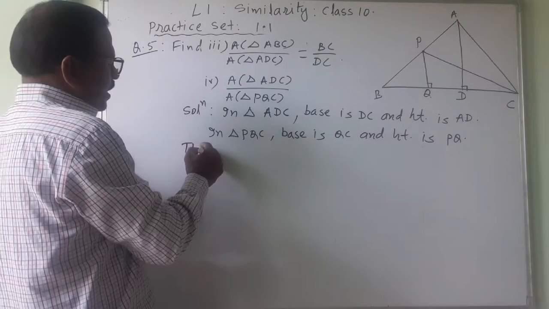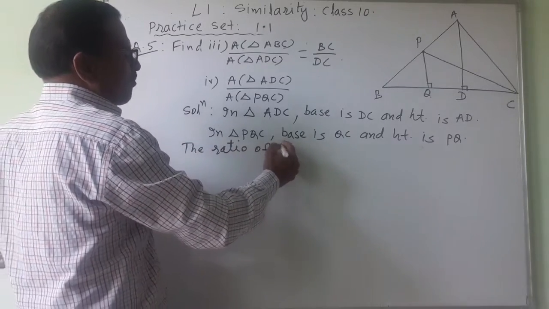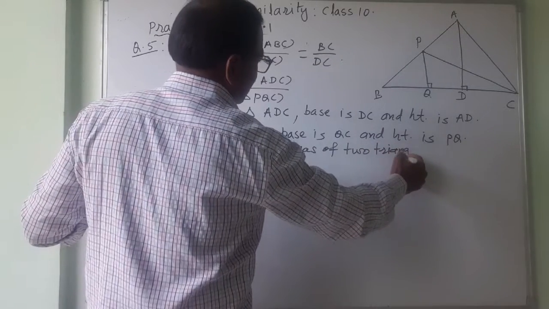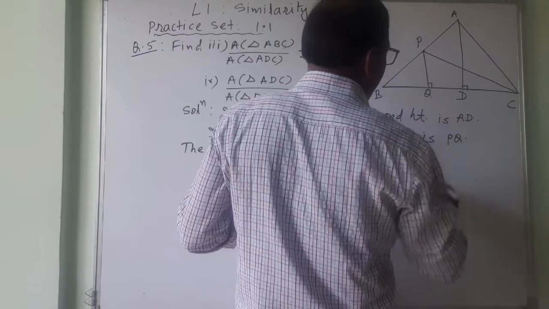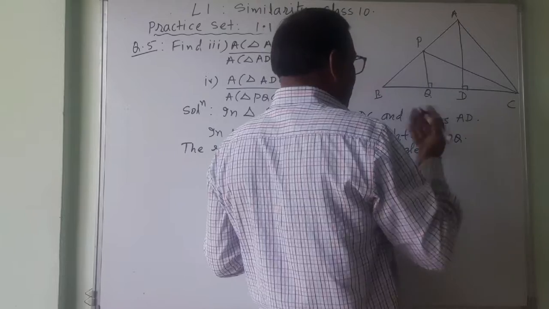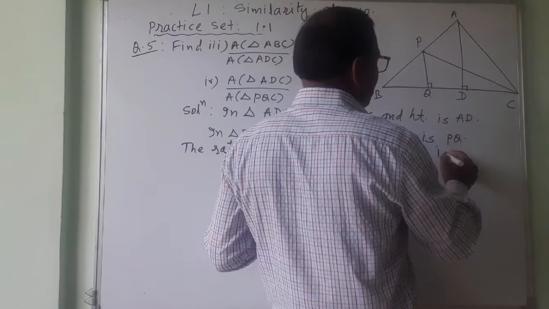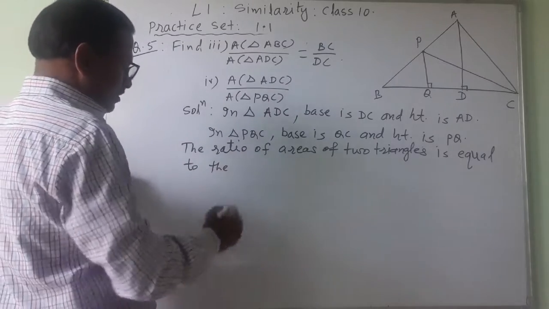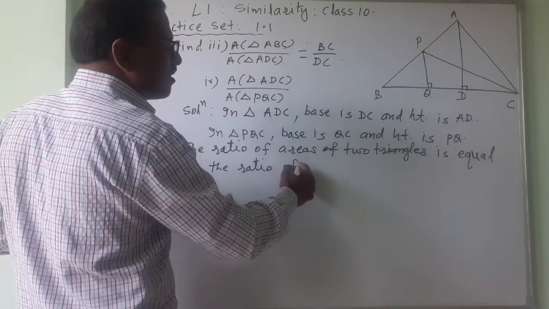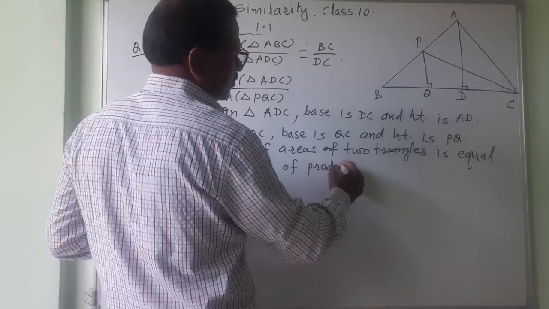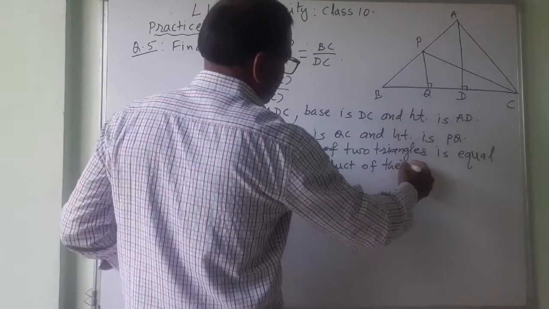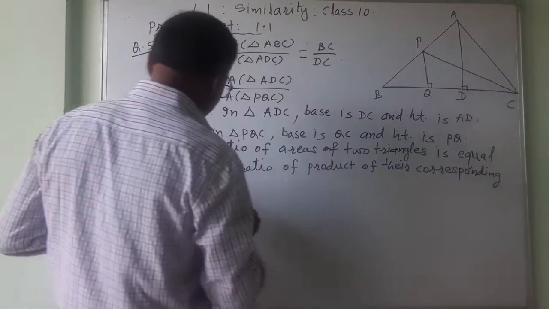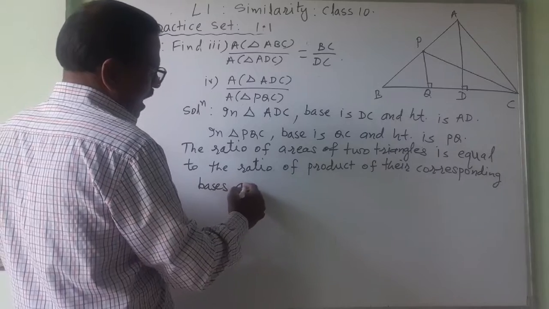So the ratio of the areas of two triangles having different base and height is equal to the ratio of the product of their corresponding bases and heights.